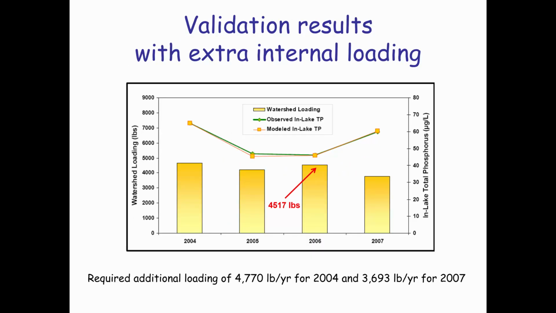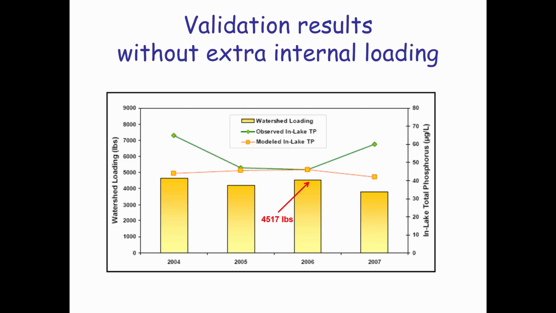All right, so the model calibration is shown here. The yellow bars are the watershed loading in pounds per year for total phosphorus.